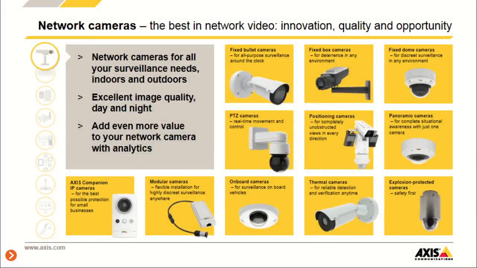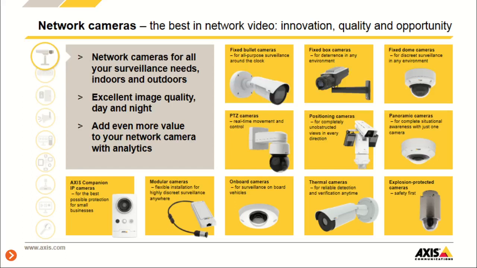So if we are looking into our cameras and we ask ourselves the question, what kind of camera should we use when we are looking into license plate recognition? Well, if you look in general in our network camera portfolio, then whatever you're looking for, you'll find an Axis network camera to suit your needs. From robust outdoor cameras to quite discreet modular cameras for sensitive environments, we have it all in our portfolio.